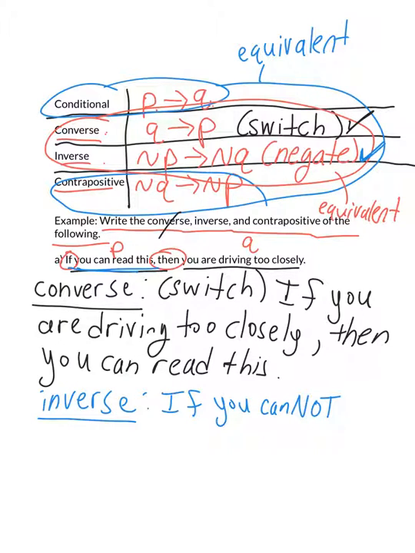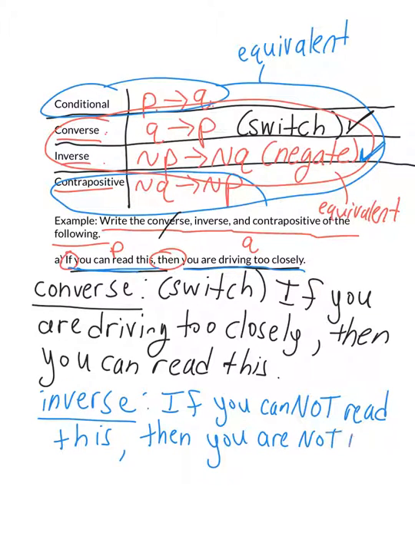When I negate the then portion, instead of you are driving too closely, it becomes then you are not driving too closely. So there's the inverse. I just negated both the if and the then.